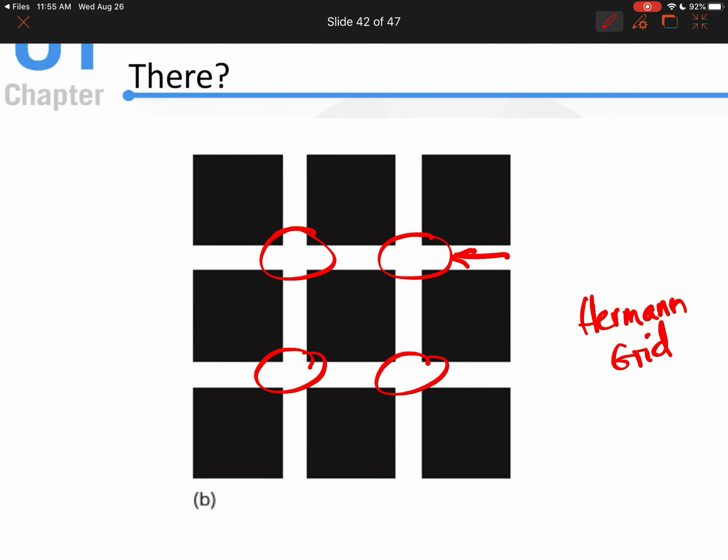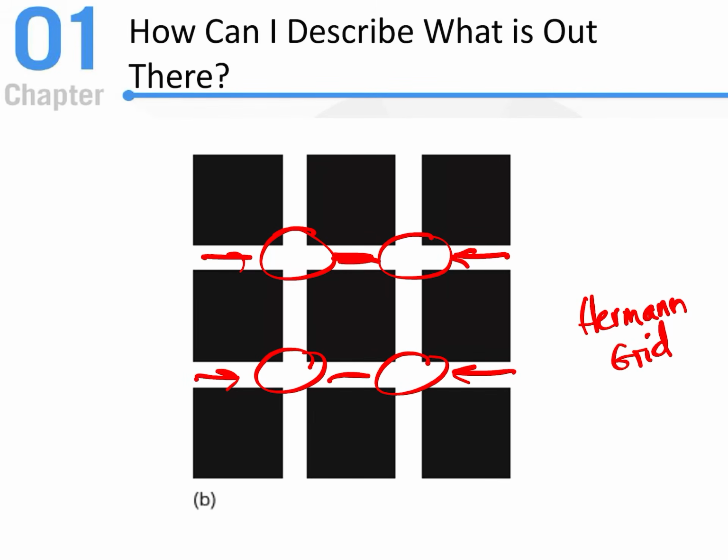These are not any different color than anything around it. It's all white. Why is it that you perhaps see something that's not there? We're going to talk about this more later, but this is something that you have to think about in terms of how do you describe your experience? How do you describe your perception?